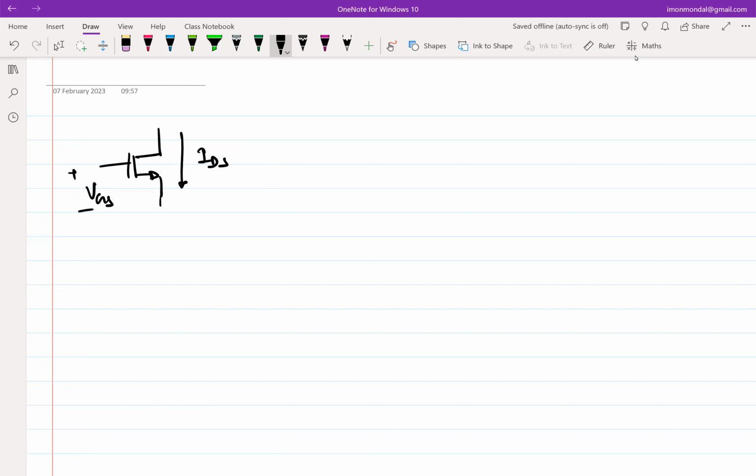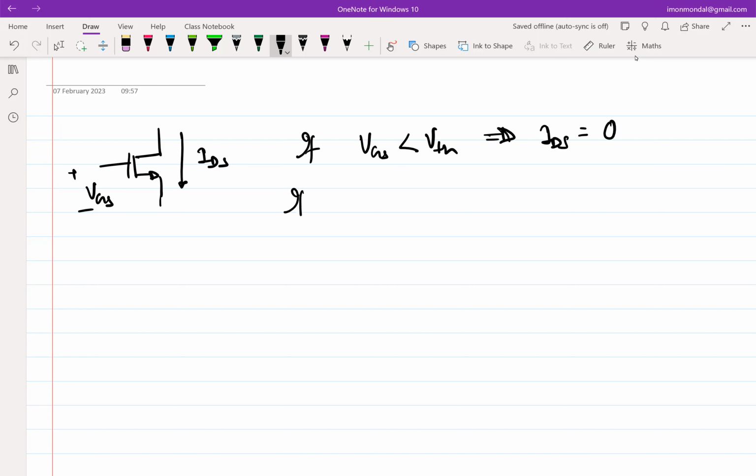The first one is under the condition that if VGS is less than a certain threshold voltage, my IDS will be equal to 0.